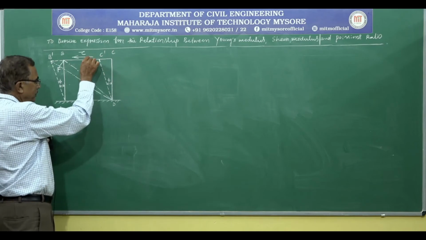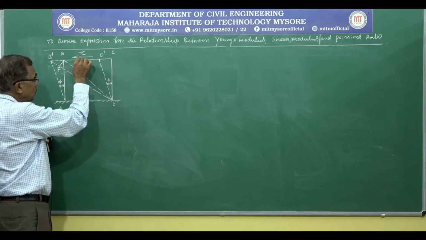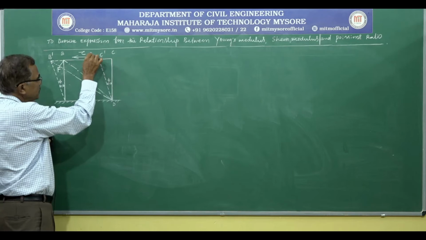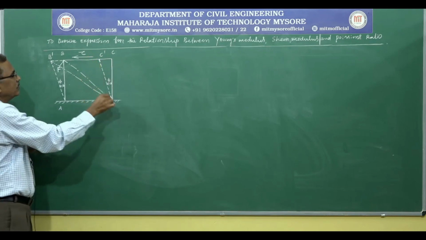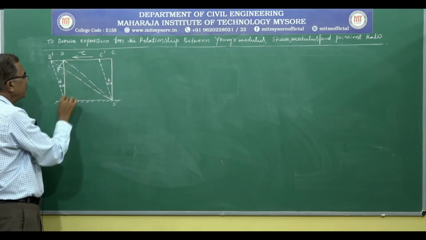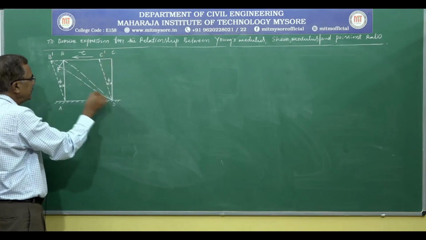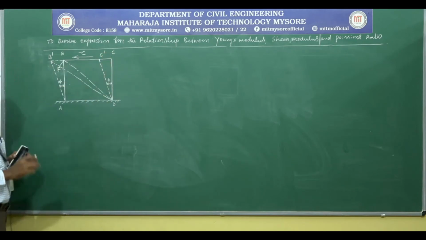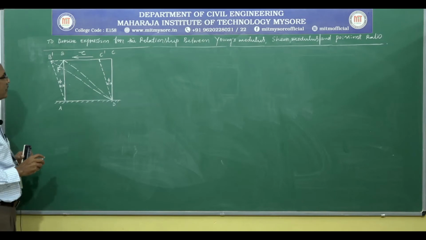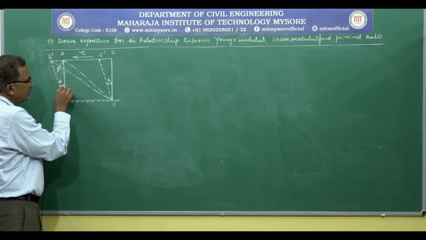As the element is subjected to shear stress on the top edge, the original position of element ABCD gets shifted to AB dash, C dash, D, resulting in shear strain.